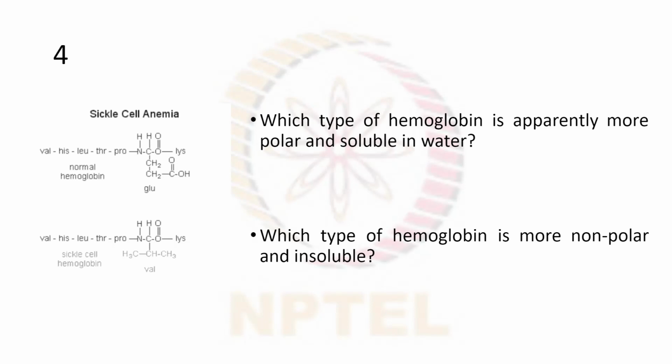So in normal hemoglobin, we have glutamic acid, whereas when this glutamic acid is mutated to valine, we lead into a condition called sickle cell anemia.